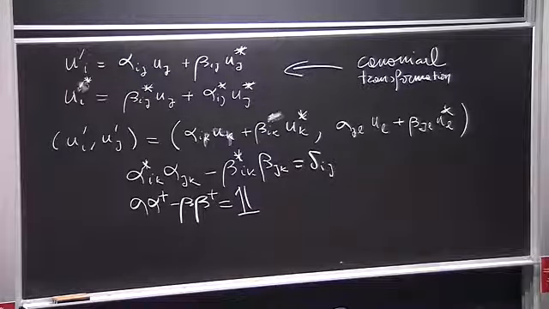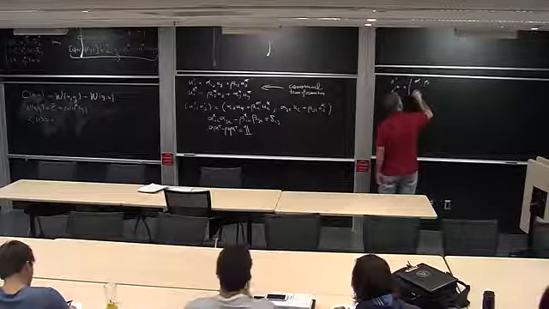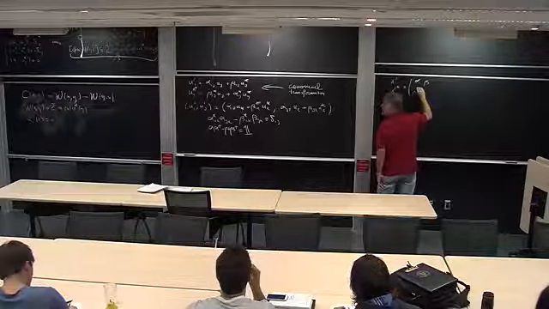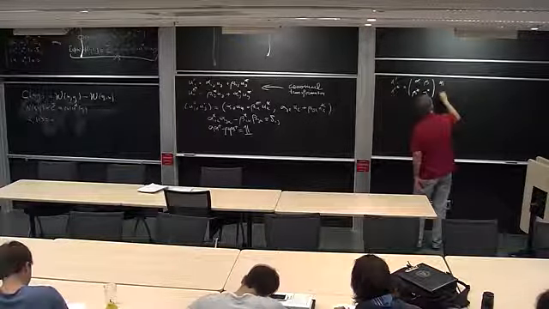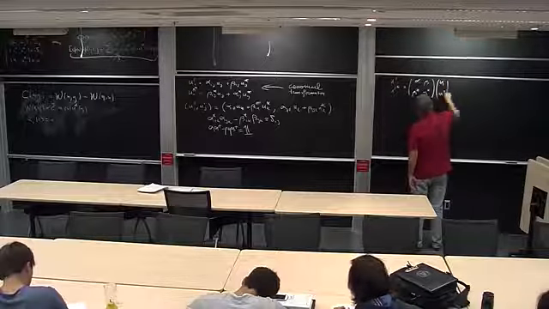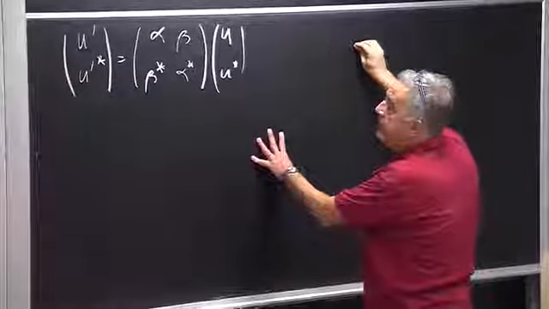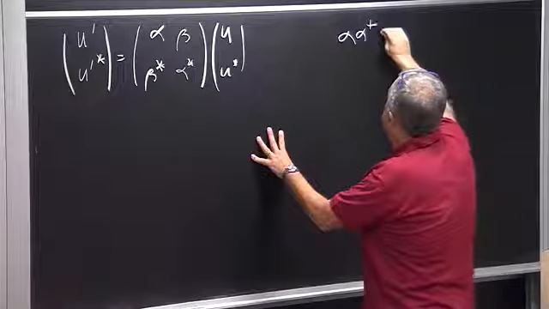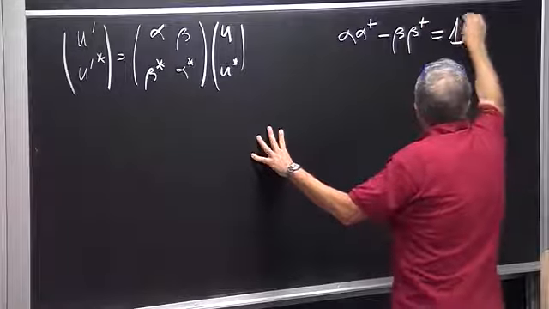I write u prime star equal the matrix alpha beta star alpha star u star. I suppress the indices, and the first condition I get is alpha dagger minus beta dagger equal 1.